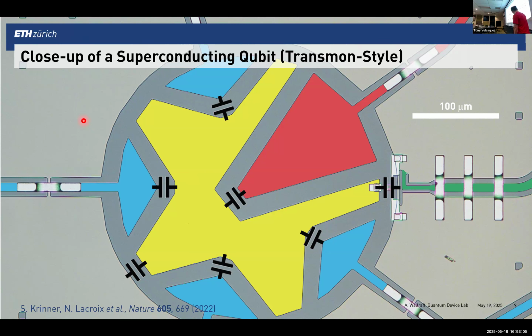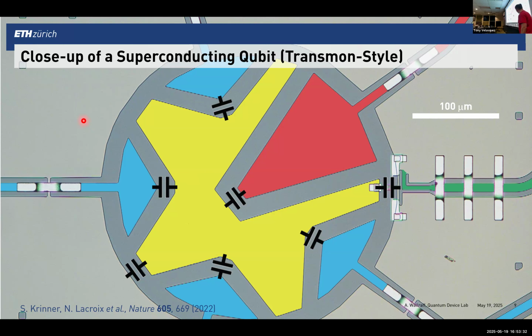For those who don't know, these air bridges are freestanding. There's vacuum between this piece of metal and the piece of metal underneath, so they're not in contact. The air bridge crosses over the wire that runs underneath it, and that allows you, even in a nominally two-dimensional chip, to create some 2.5D structure.